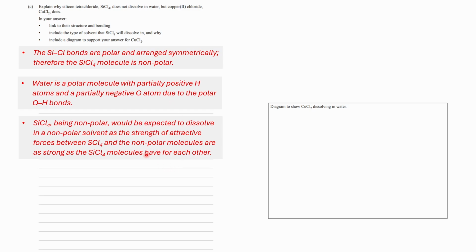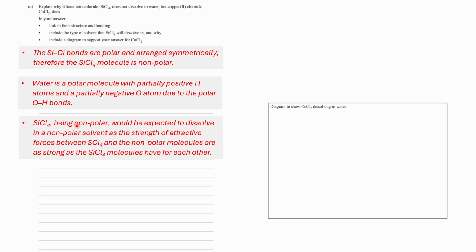Silicon chloride, being nonpolar, we'd expect to dissolve in a nonpolar solvent, because the strength of attraction between silicon chloride molecules and the attractions between the molecules and the solvent would be similar, so they can dissolve, right?